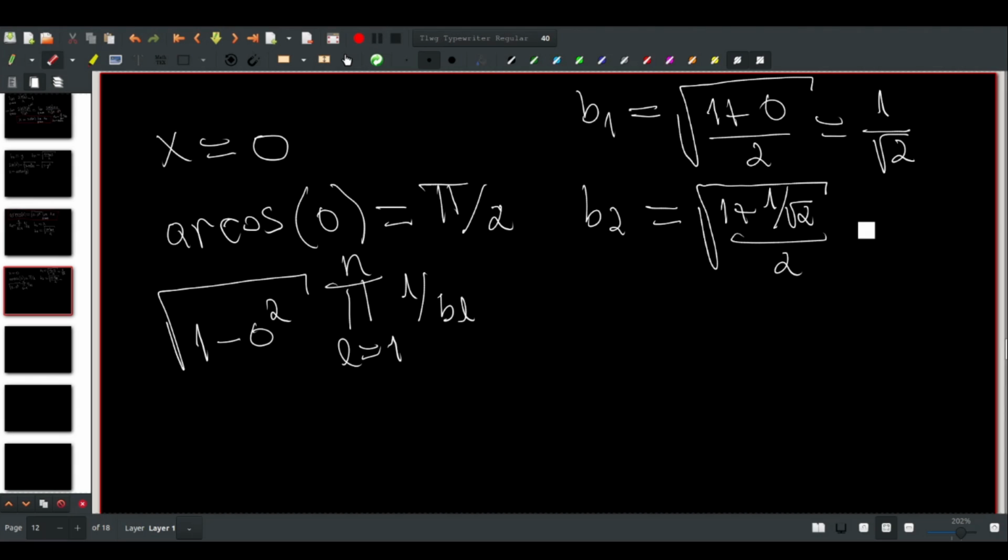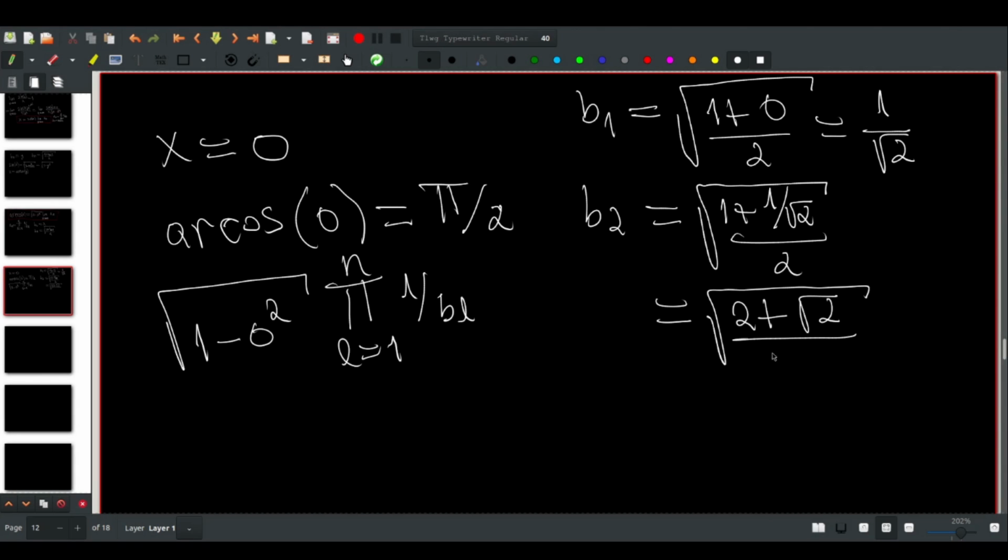I'm going to multiply both the numerator and the denominator inside of the fraction by 2. Inside of the root by 2, so this would be 2 plus root 2 over 2, with the root on top. Right, and I can also do the same here, and if I do, what I get is root 2 over 2.